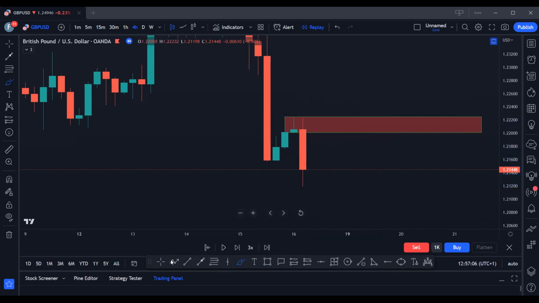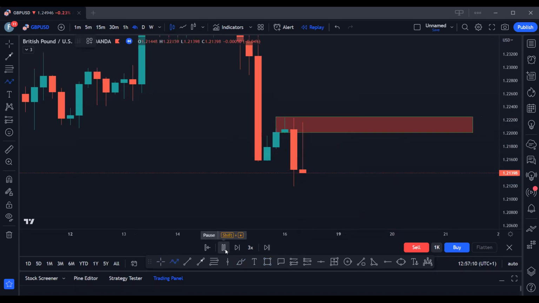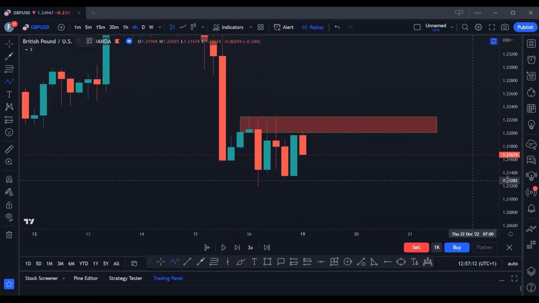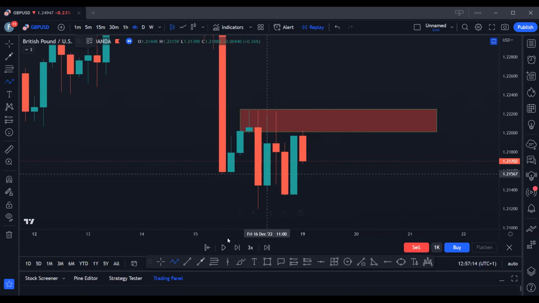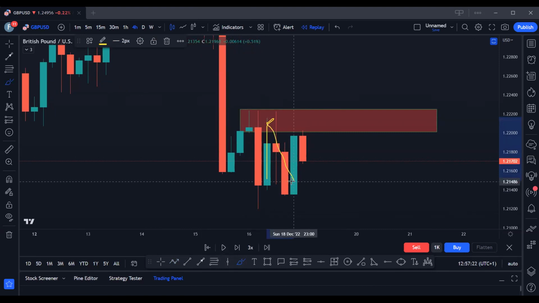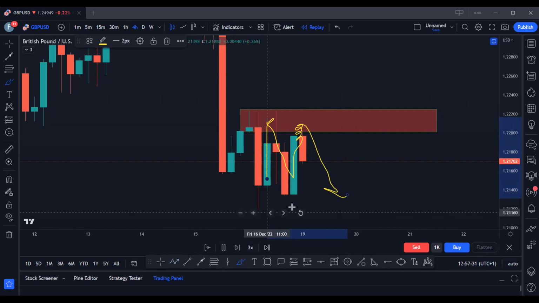Okay, so let's play that forward and see what price is doing. So check it out. Price retraced into the zone. Okay, then we saw the bounce off. The next time that price comes here, we are interested in selling all the way down. Let's see exactly what happened in the zone.